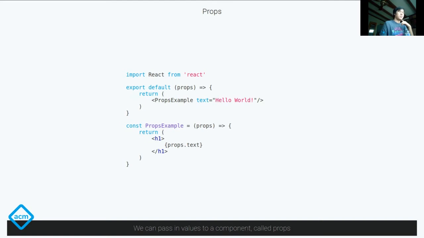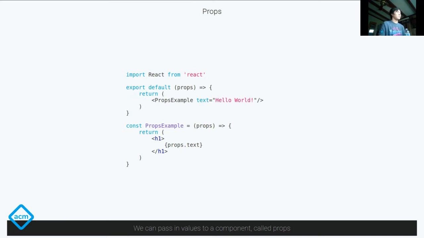Here's a really simple example where we use the PropsExample component and pass in text saying hello world. This code is going to render h1 tags, and then it's going to render hello world as the actual content of the text.